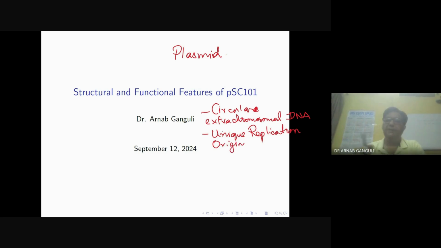Without this particular replication origin, this plasmid will not be able to divide inside the cell. The other thing which they have is a selection marker. These are the unique three things which are needed in a plasmid for its survival.